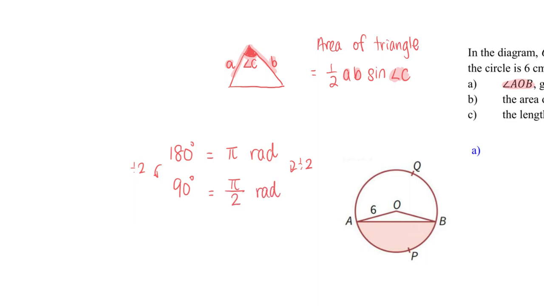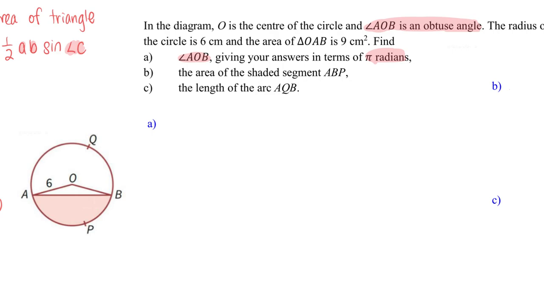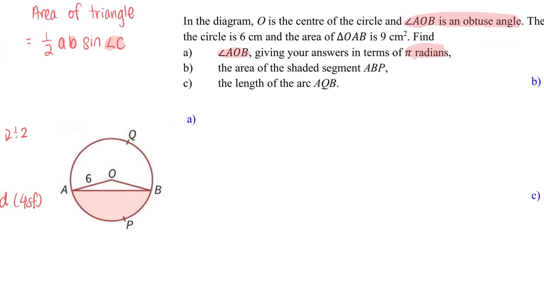So this is something for us to take note of, which is about 1.571 radian to 4 SF. So this is something useful. Now back to here. Now for part A then, they give me area of a triangle.